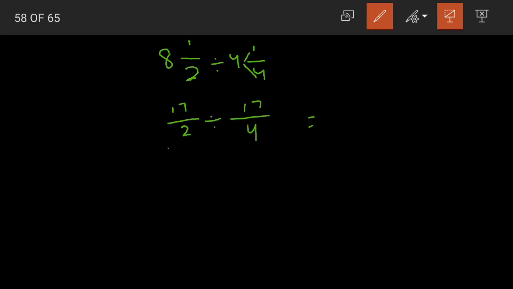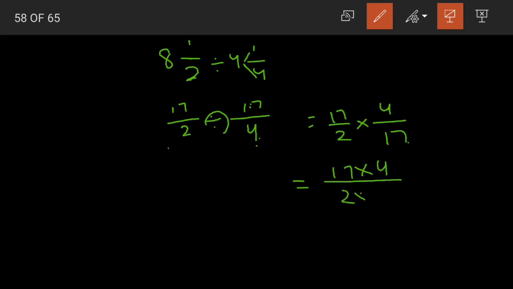Now how do we divide these two fractions? First fraction written as it is. Division becomes multiplication. For the second fraction we write the reciprocal. So 17 by 4 becomes 4 by 17. Now how do we multiply? Multiply the numerators and multiply the denominators. 17 ones are 17, gets cancelled.